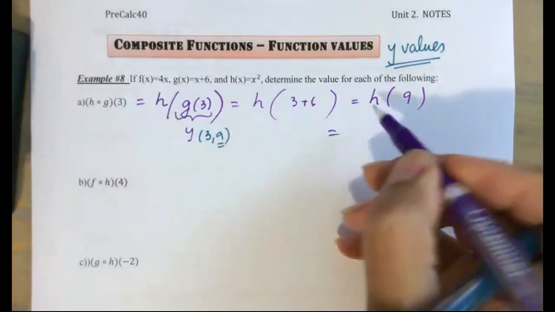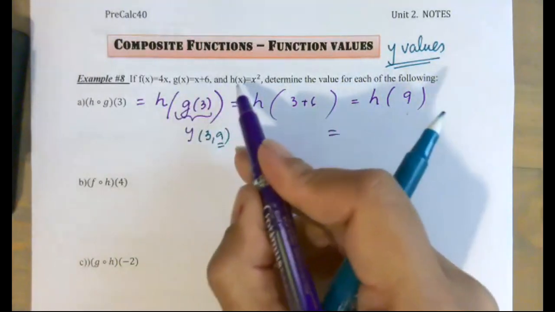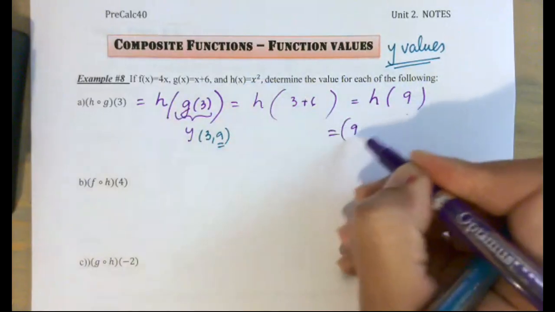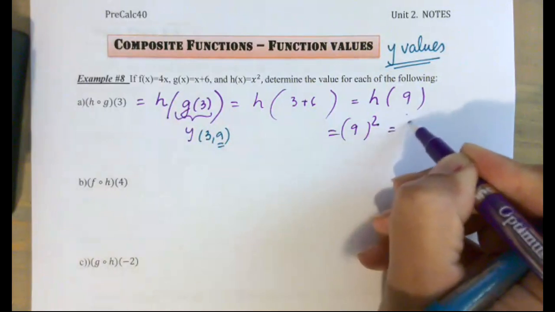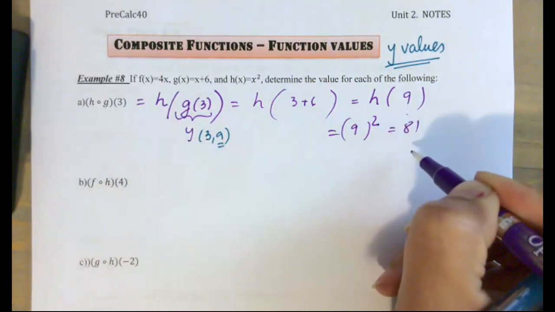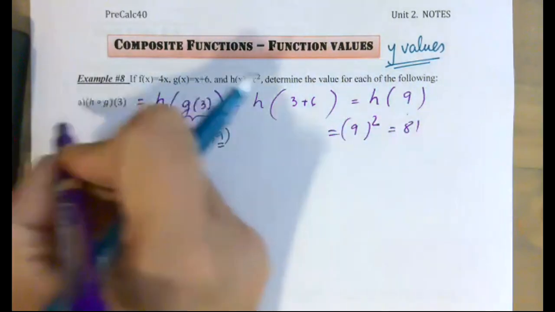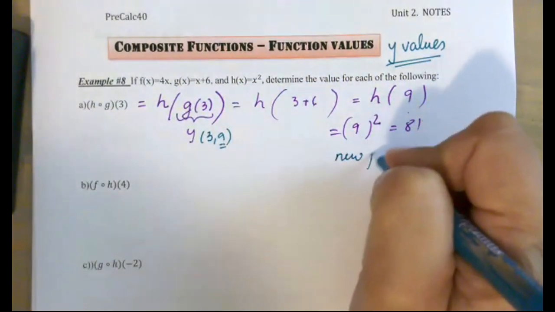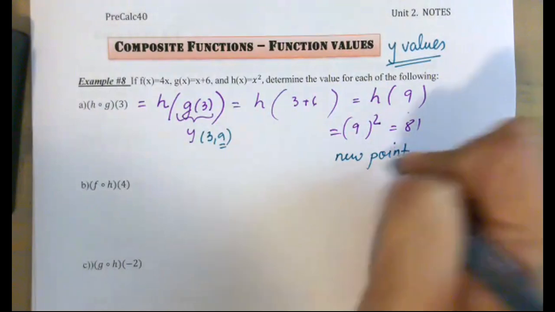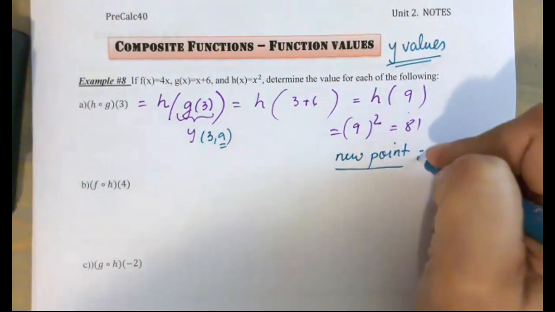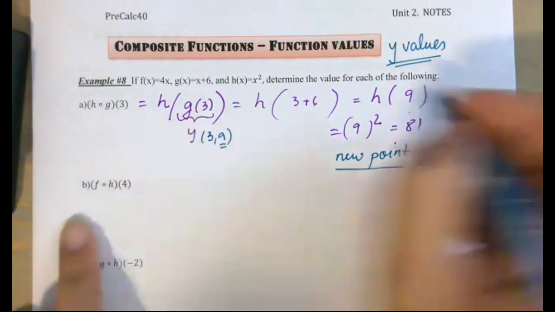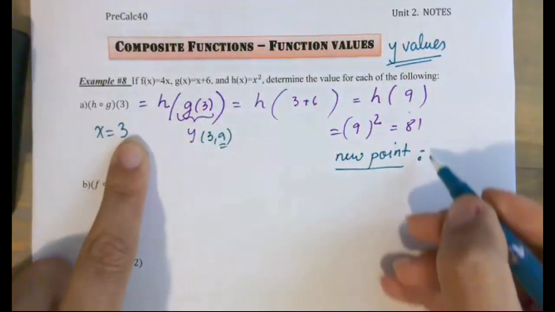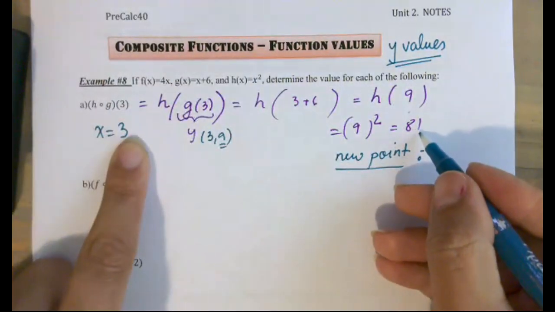Plug in 9 everywhere I see x in the function h. So 9 squared. So 81. What's the new function point? The new point is going to be starting with the x, so the x that you started with, 3, and ending with the y of 81.